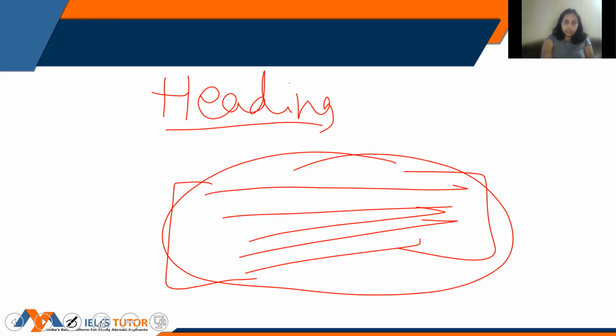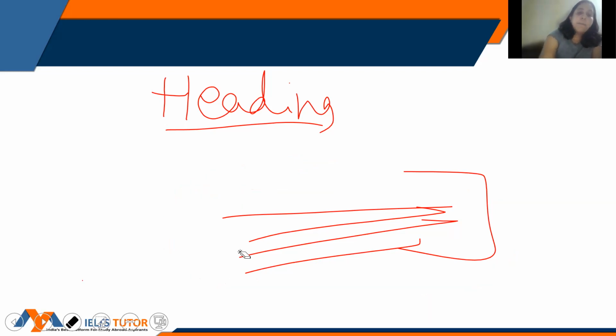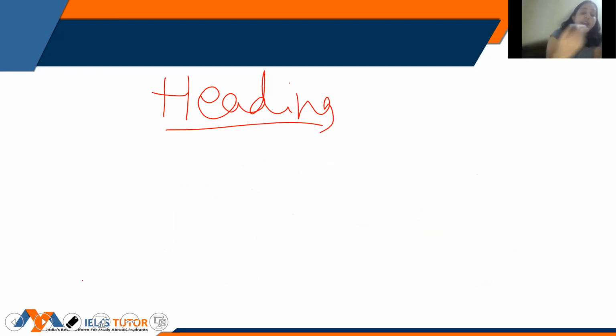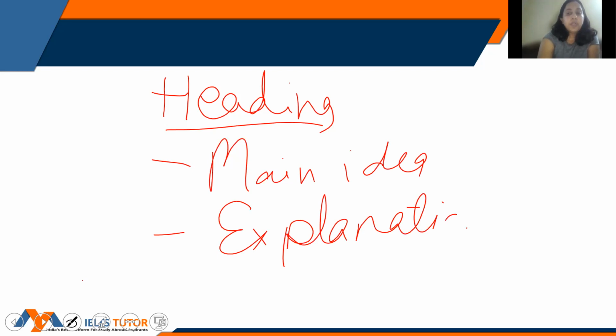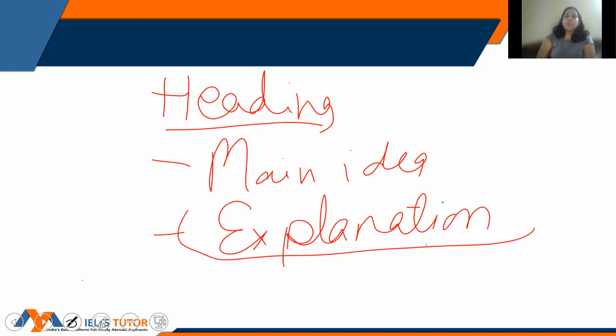I am saying that the heading is what will show the whole paragraph. Yes, heading means they're talking about the paragraph as a whole. It means when we write the answer, what do we have to write? The main idea of the paragraph. What is the paragraph talking about? There are two things. One is the main idea, one is the explanation. Maybe the option we chose, where we found the exact words, that was part of the explanation. That was not my main idea.